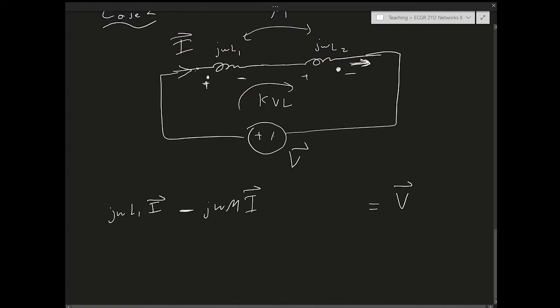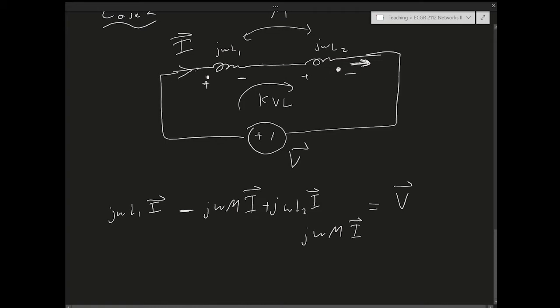The second coil has a self term, j omega L2 I, and then it has a mutual term. So it has a j omega M, and the current through coil 1 is going to be I. It's the same current. Now I need to determine the sign.